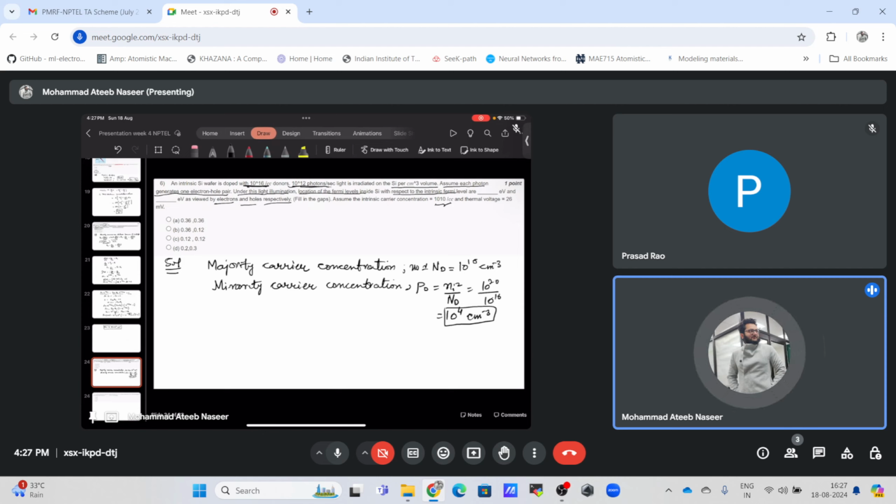So the position of the Fermi level at thermal equilibrium we can simply find out.